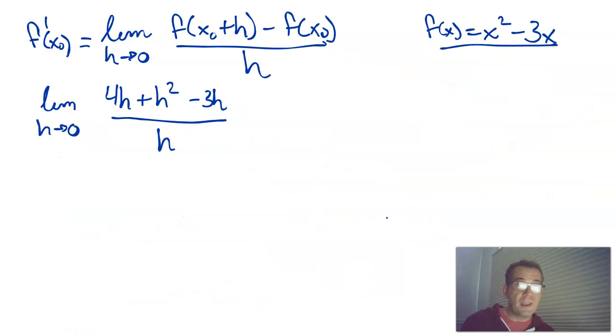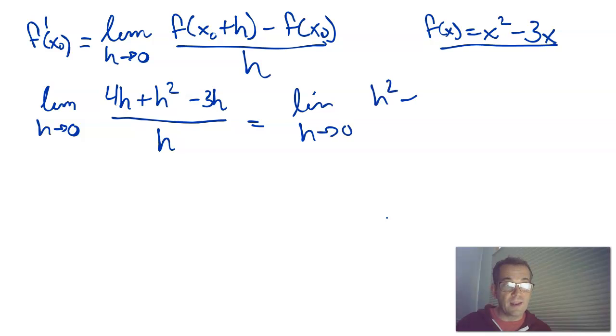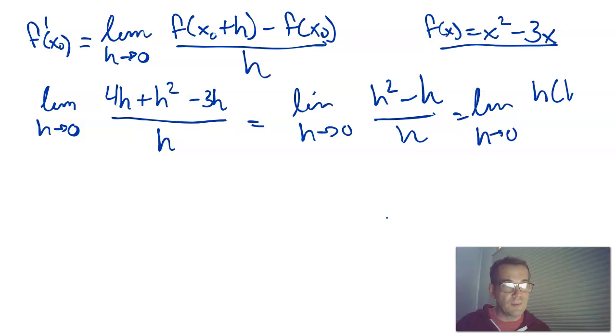So assuming I didn't make any careless mistakes, that expression I had a moment ago should simplify to something like this. And of course, I can simplify this even further by saying the limit as h goes to 0 of h squared minus h all over h. And then I could say, well, these have a common factor of h, so that's the limit as h goes to 0 of h times h minus 1 all over h.